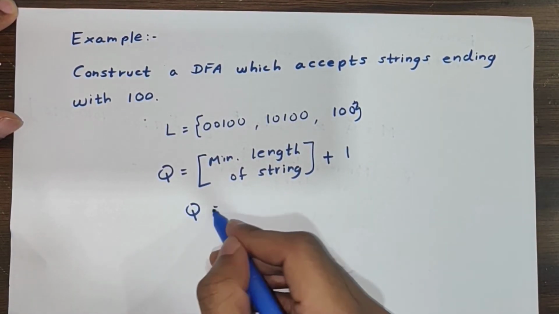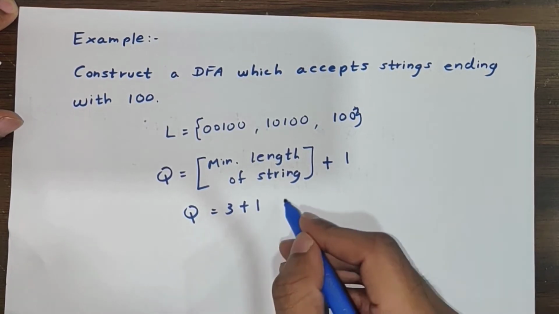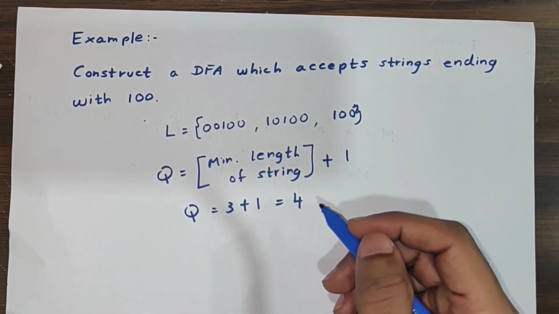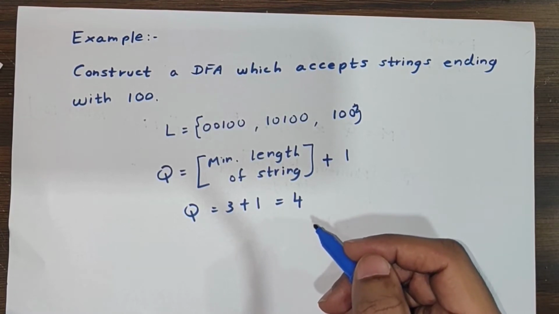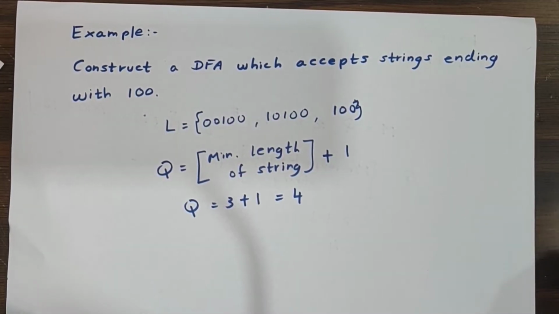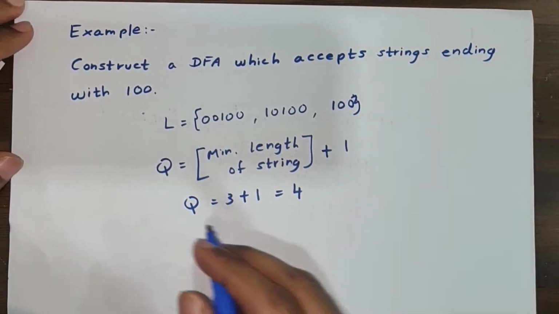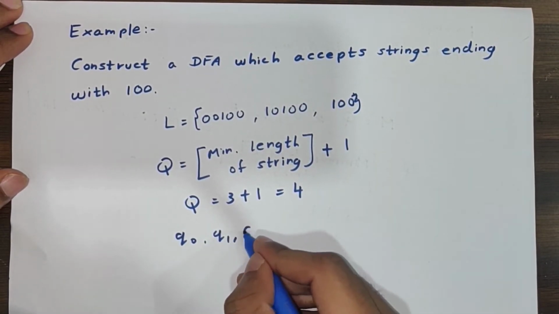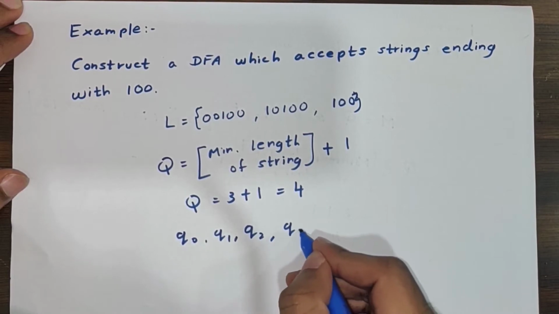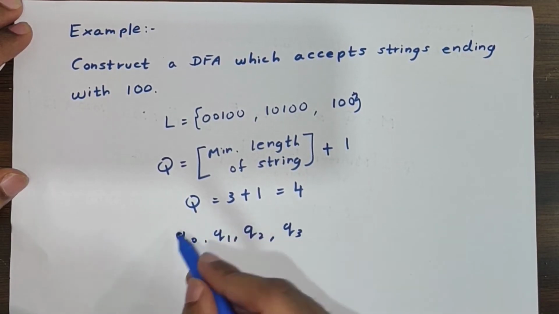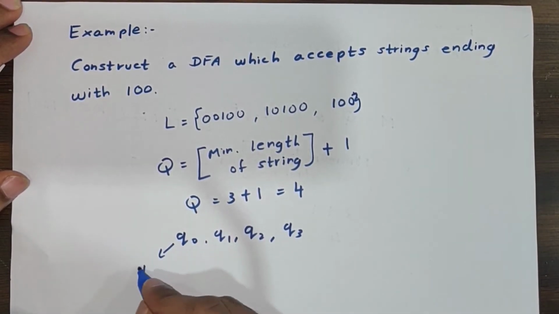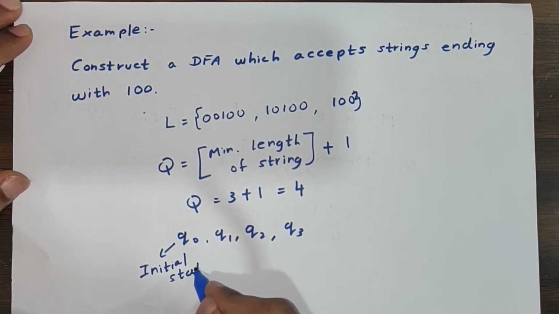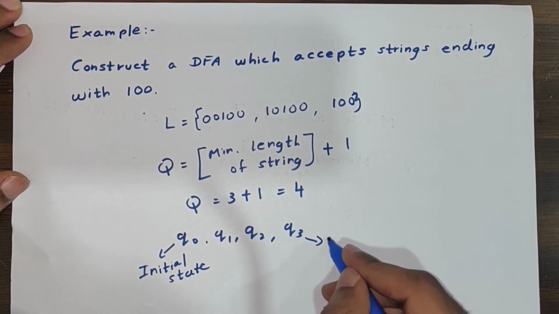So Q is equal to 3 plus 1, equal to 4. So we got the total number of states for the DFA. We can take the 4 states as Q0, Q1, Q2, and Q3. Q0 is the initial state, and Q3 is the final state.